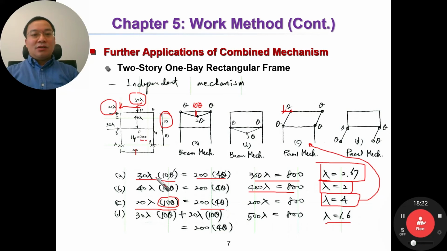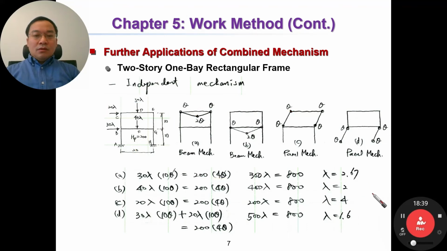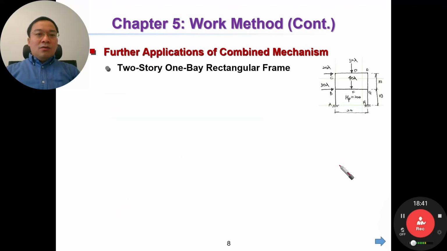So each internal mechanism, independent mechanism, has its own solution. They are not correct solutions, okay, but it is a solution. And now we are going to combine mechanisms.